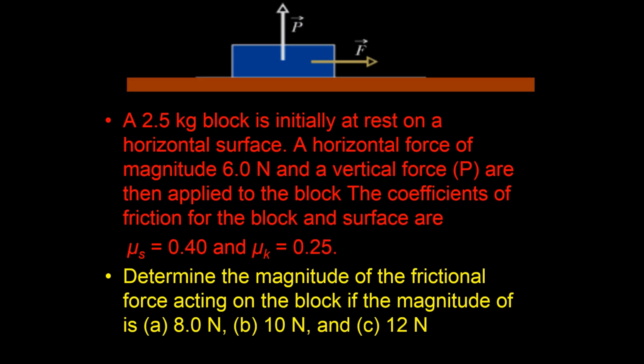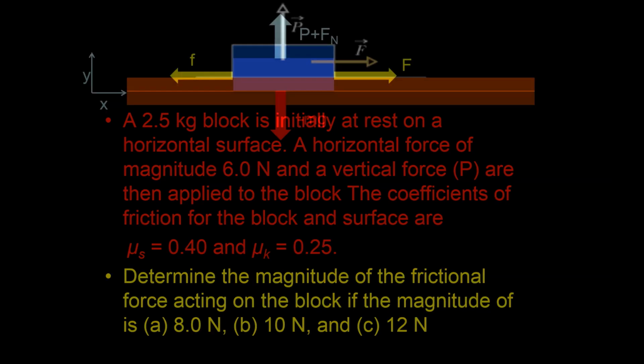So there's two forces acting here, one driving force in the x direction and another which is pulling upwards on this block. The coefficients of friction for the block and the surface are 0.4 for static and 0.25 for the kinetic case. The question here: they're saying determine the magnitude of the frictional force if the force P acting on the block is of magnitude 8, 10 and 12.